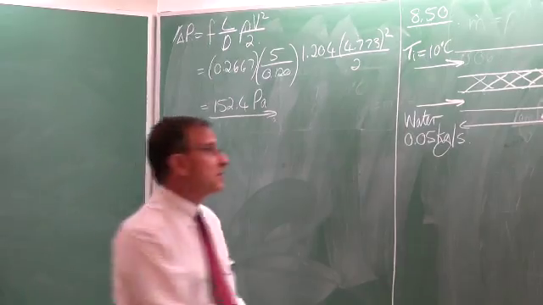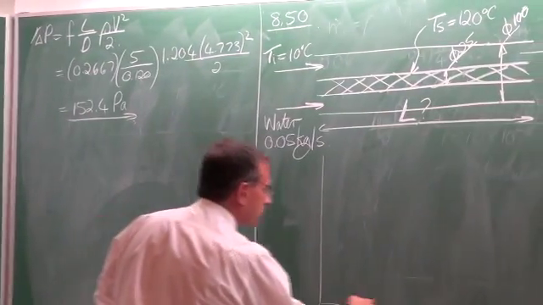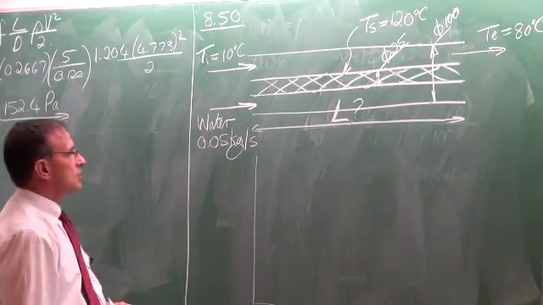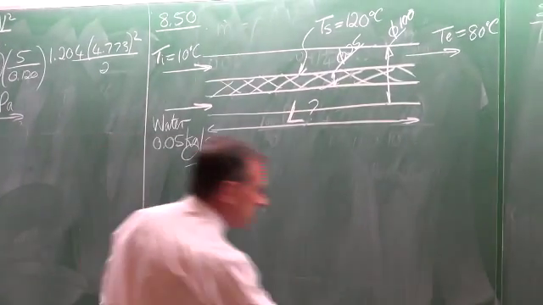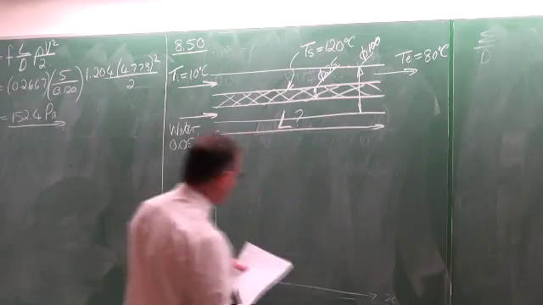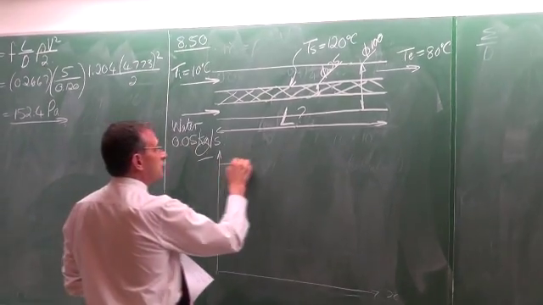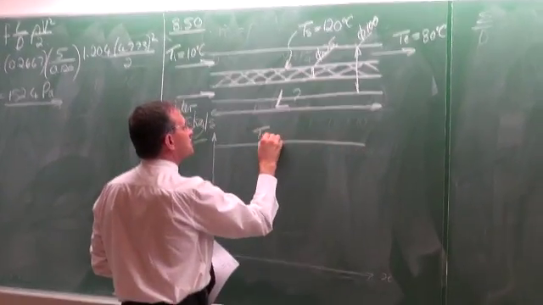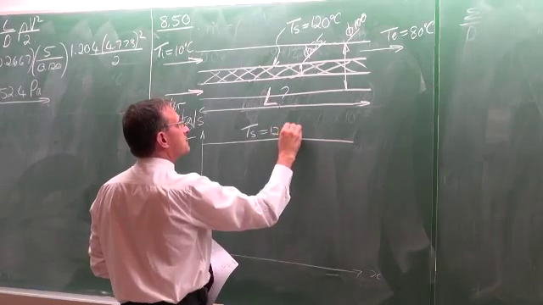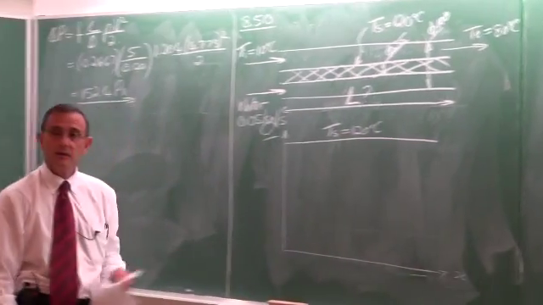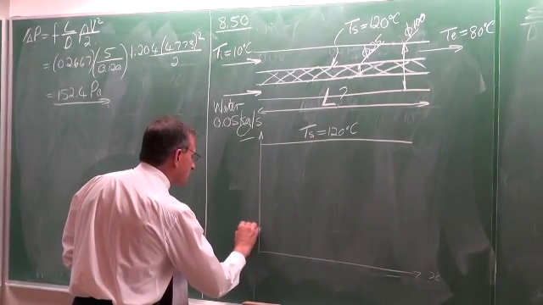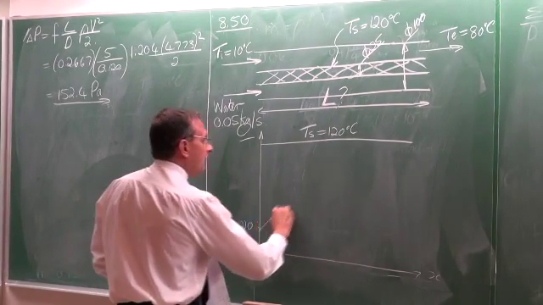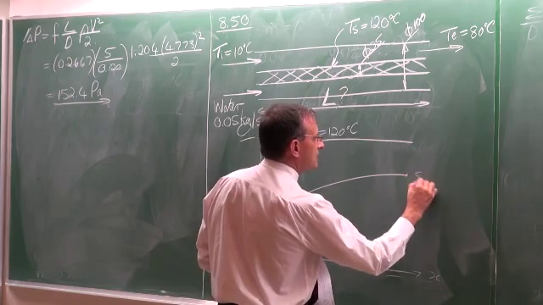So just like with the previous problem, if we look at the temperature distributions that we can expect, T is a function of X, then the surface temperature is constant at 120 degrees Celsius. The inlet temperature is given as 20 degrees Celsius, and there is 80 degrees Celsius.